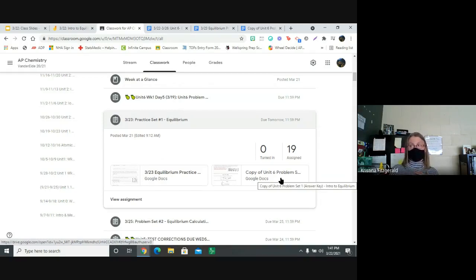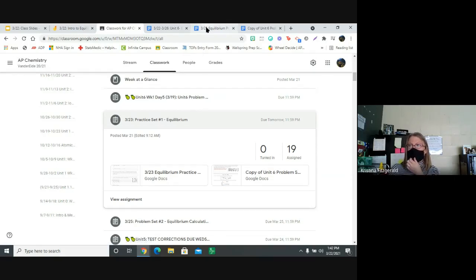What I am concerned about, and you can do this one of two ways: if you have me for stats, I'm not about to sit and wait until you do your homework at 8 p.m. and try to grade your work. So I post the key. You should try the problems on your own piece of paper, or keep a digital copy, that is up to you. But whatever you try, go ahead and double check with the key and make corrections.